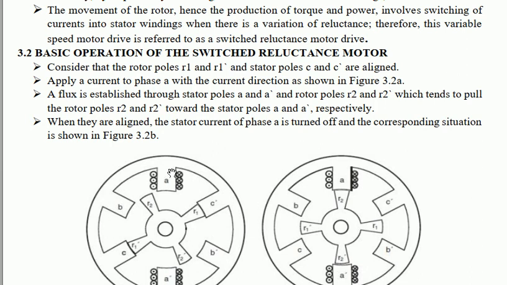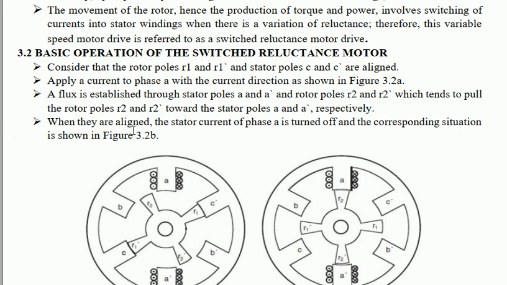There is a three-phase winding on the stator. Apply current to phase A with the current direction as shown in figure 3.2a. A flux is established through stator poles A and A dash and rotor poles R2 and R2 dash, which tends to pull the rotor poles R2 and R2 dash towards the stator poles A and A dash, respectively.